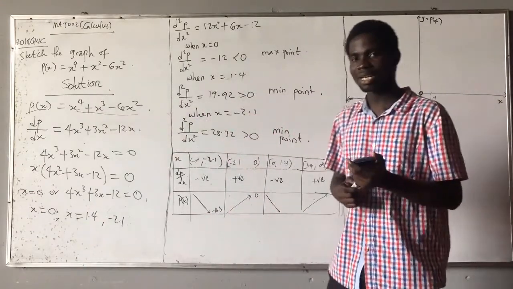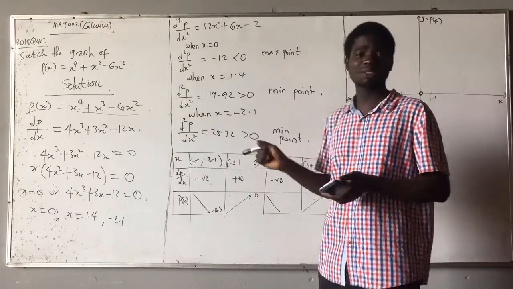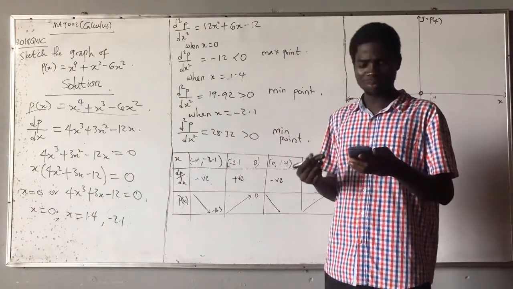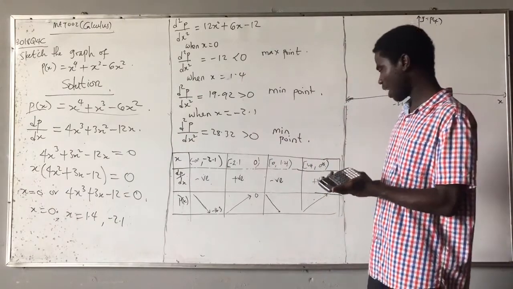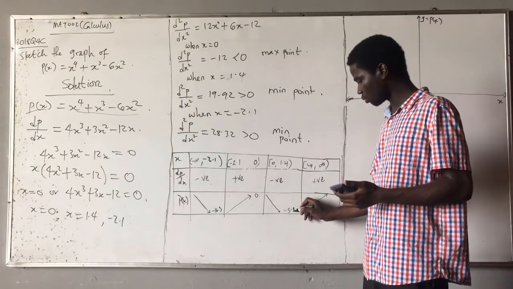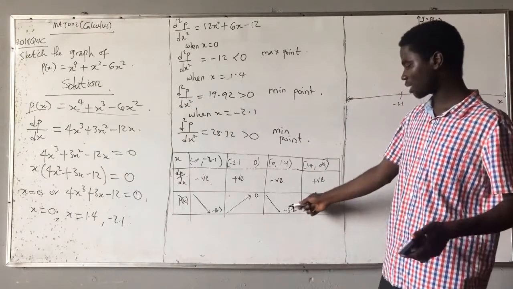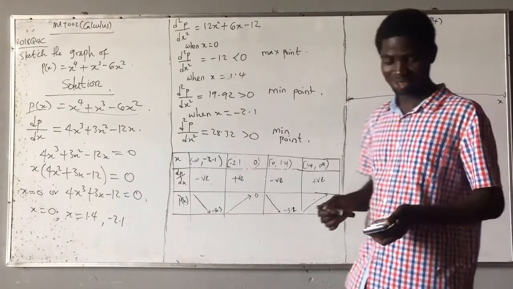So 1.4 raised to power 4 plus 1.4 raised to power 3 minus 6 times 1.4 squared. Calculate it. The answer is minus 5.2 approximately. So that's when you get to minus 5.2, then it goes up to infinity and it has no end again. Do you understand?